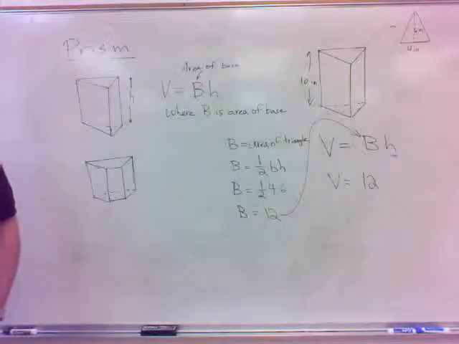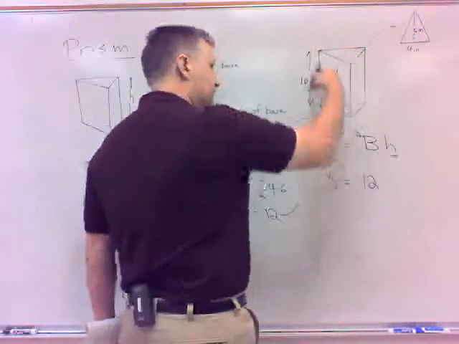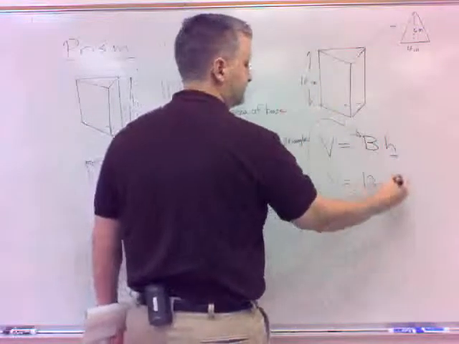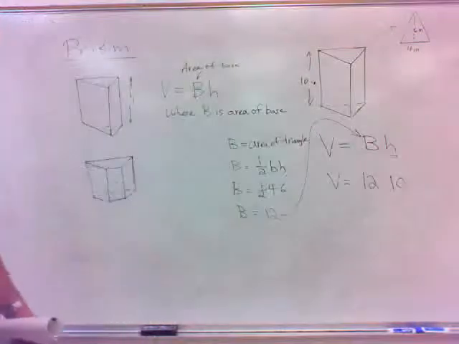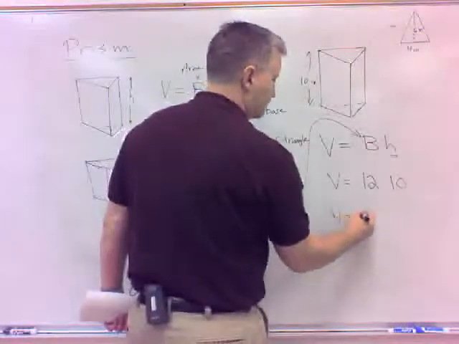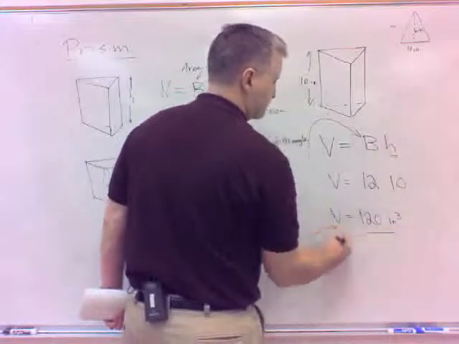That height is the height of the prism. The prism height is 10. So I'm going to multiply 12 by 10, which is 120. So the volume of this prism is 120 cubic inches.